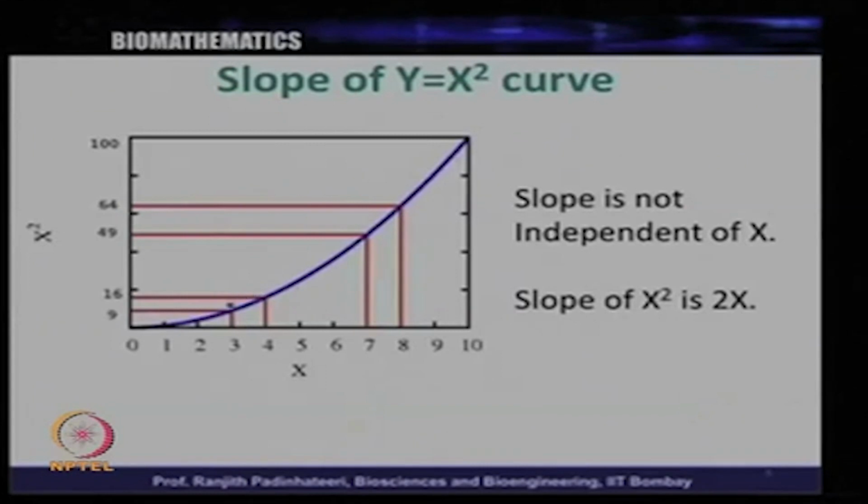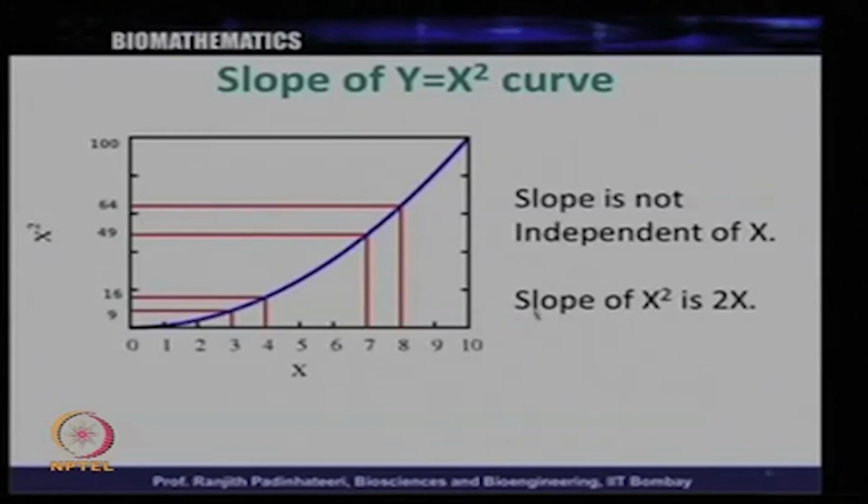So the slope here is different from the slope here. What this means is that the slope changes as you go along the curve. As you go along the x-axis, the slope of a quadratic function, y equal to x square, changes. In other words, the slope itself depends on the x value.